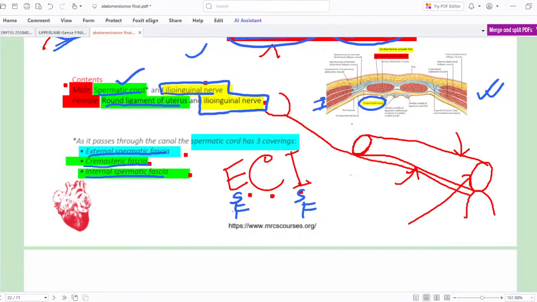These are the three layers of the spermatic cord. This is spermatic cord and it is covered by three fascia. What is the name of these fascia? First is external spermatic fascia, cremasteric fascia, and internal spermatic fascia.